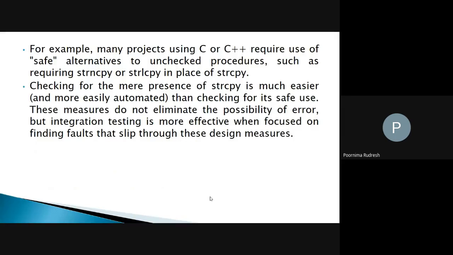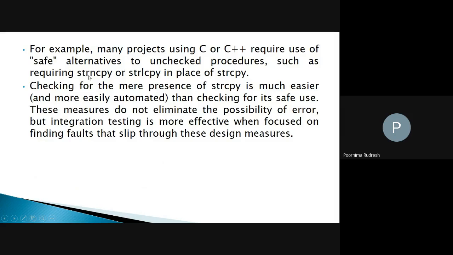So one best example is when we're using C or C++, it requires the use of safe alternatives to unchecked procedures, such as requiring strncpy, string n copy, in place of strcpy, string copy. See here, string copy is there.